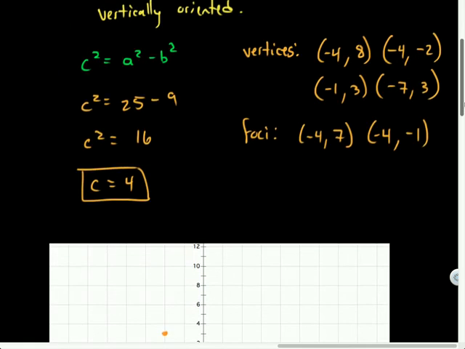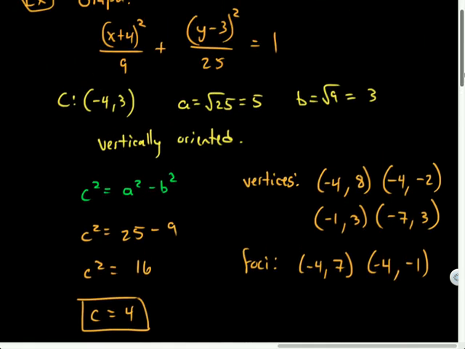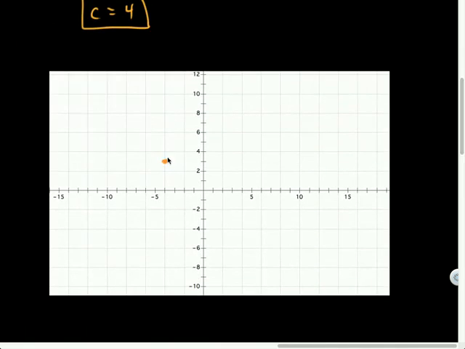Vertices are at up 5, down 5. So up 5, 1, 2, 3, 4, 5. So there's the -4, 8 that we had earlier. And -4, down 5. So that's at -2 right there. And then I had b was equal to 3, so I'd go over here and over here.